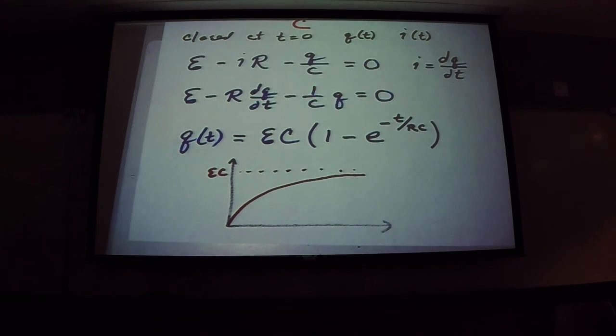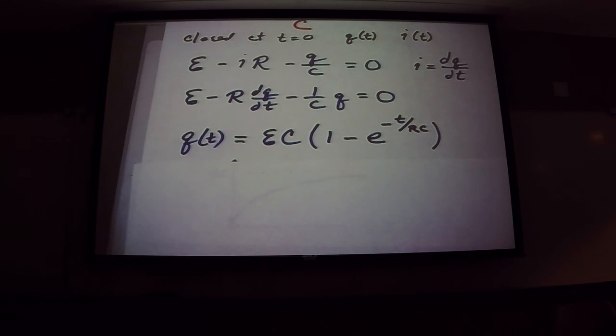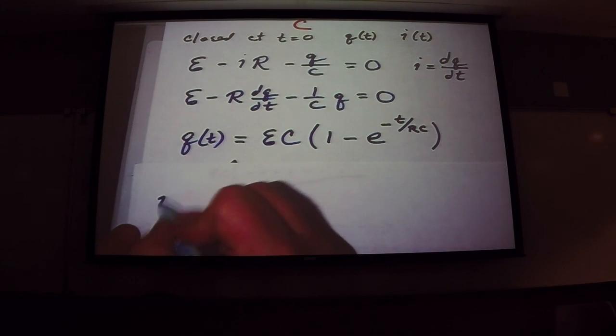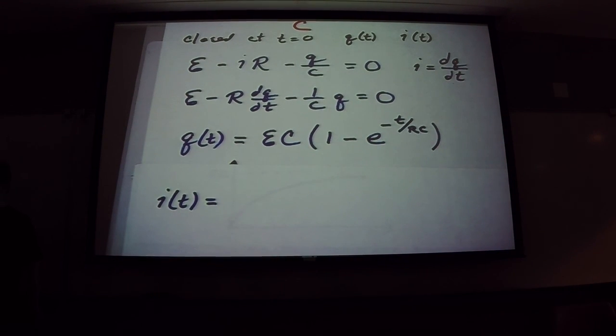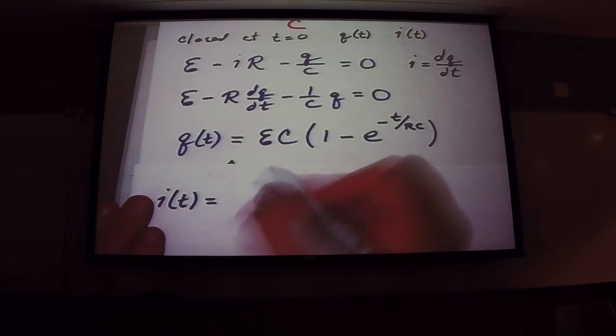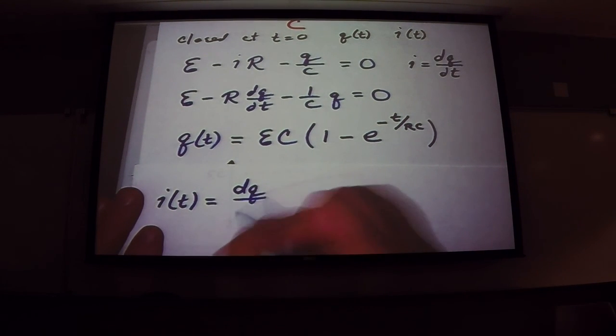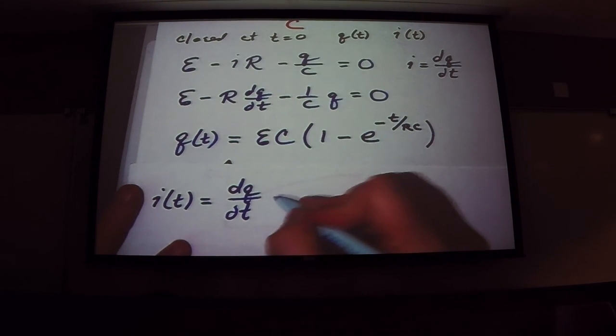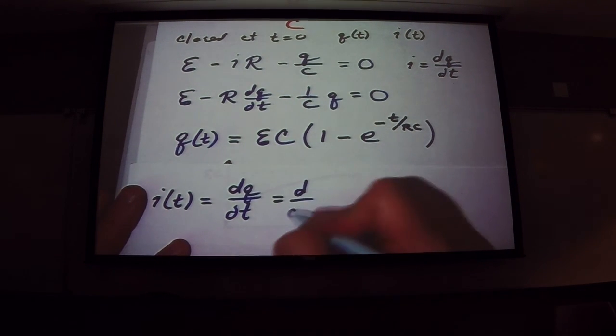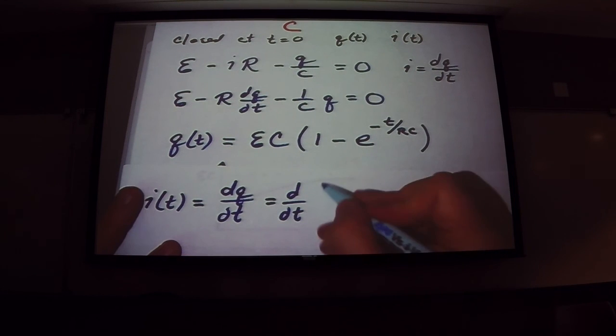Now, we can actually find the current in the circuit. I could give you the equation, but let's get some practice in. It's dQ/dt. So let's take this function and multiply this stuff out.